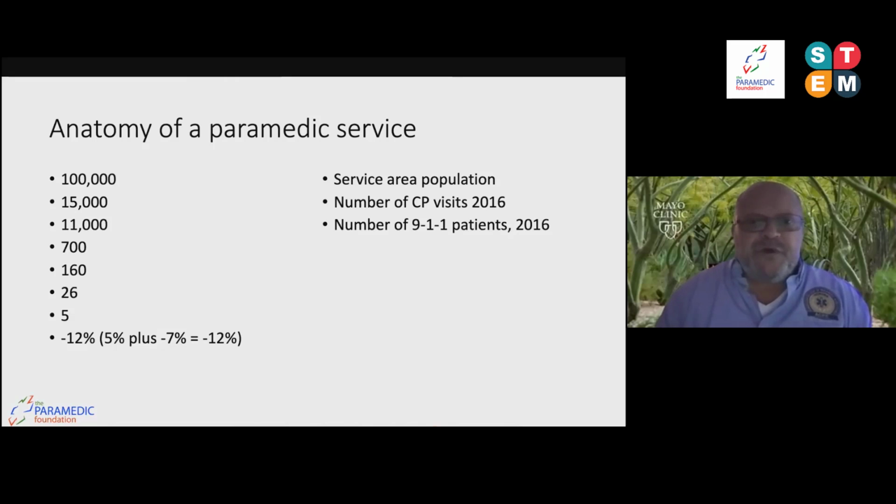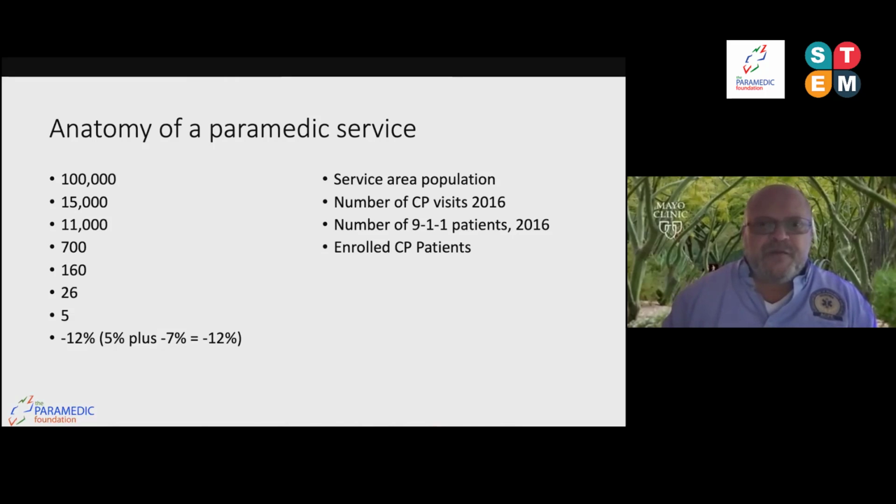But what I wanted to point out is when a community paramedic service is established, the number of scheduled or urgent visits by a single community paramedic to a patient quickly eclipses the number of emergency calls that come in. One of our goals is to reduce the number of emergency contacts and also reduce the number of patients that are taken to hospitals.